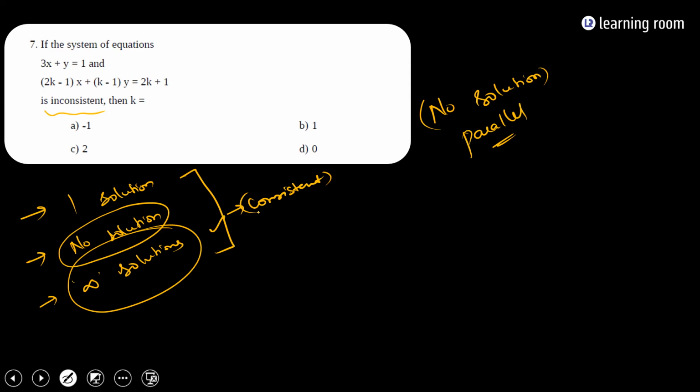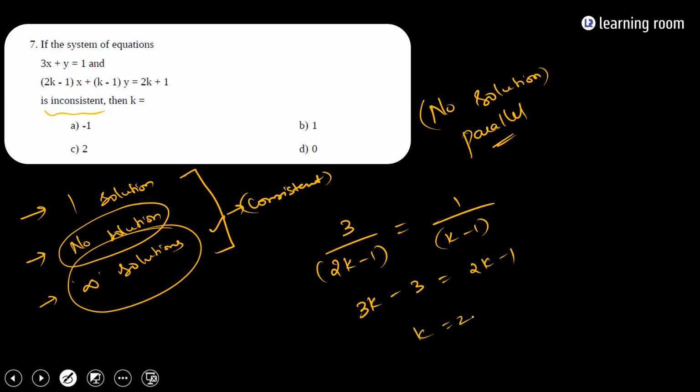When the lines are parallel. Okay, now you got the point. So lines are parallel means 3 by 2k minus 1 is equal to 1 by k minus 1. I got the value of k. K is equal to 2. It's simple, no?